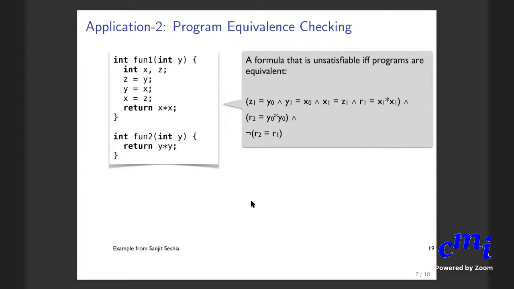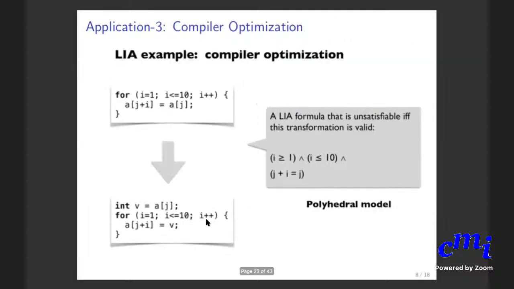That's a good question. Finally, here is a compiler optimization problem. It is not as general as an equivalence problem. This is a compiler optimization that almost all compilers use when it comes to processing arrays. Here there is an array assignment inside a for loop.